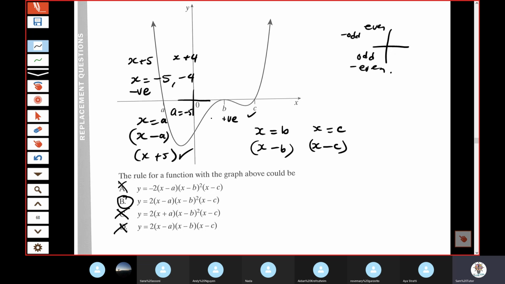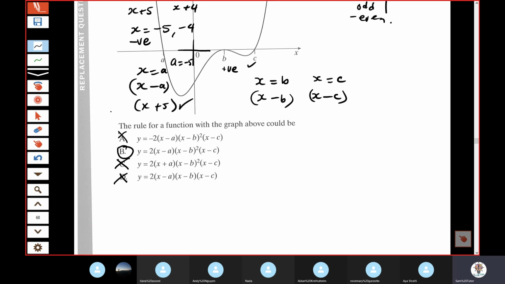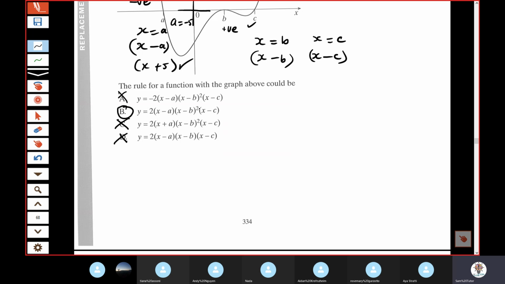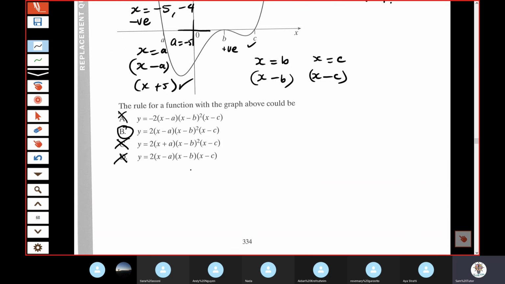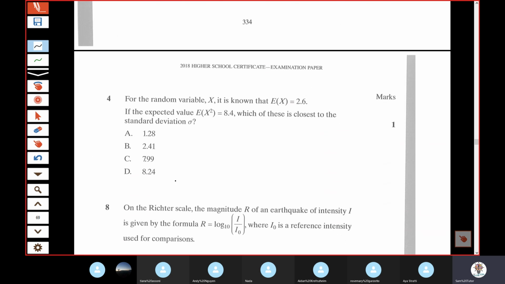It's just A. So if it's A, all you have to say is it's x minus A. Okay. Sneaky. Very sneaky. But that's what they can do with multiple choice. Right? They can be annoying like that.